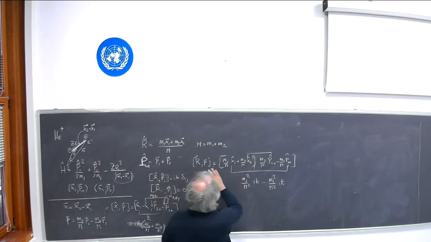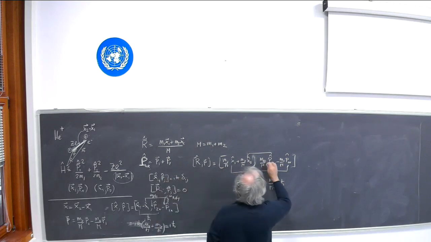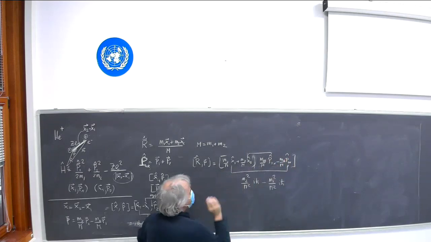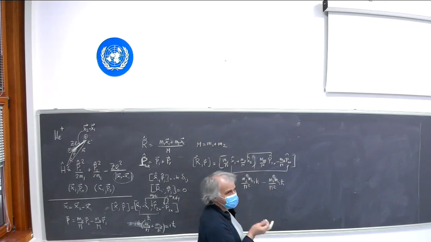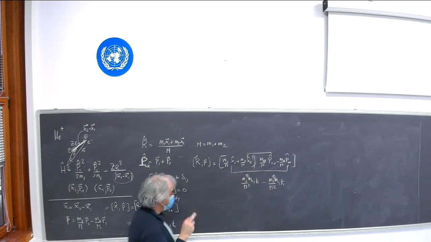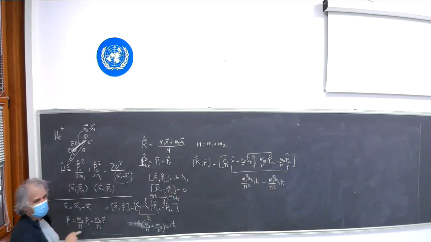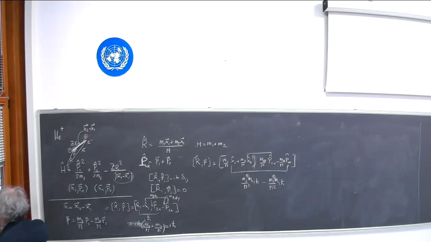If you do exchange these two things, you get 1 and 2. The first one doesn't care, but this now becomes M2 times M1 minus M1 times M2, and the result is 0. So the correct thing is actually only one of the two, although superficially it might look that it's irrelevant.